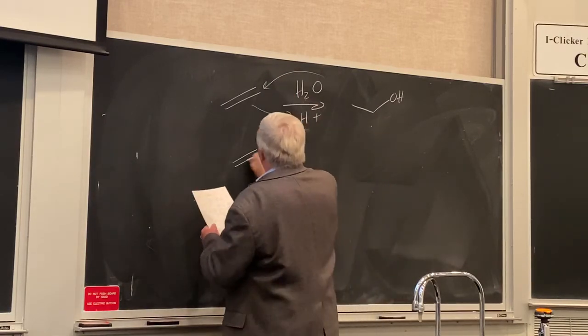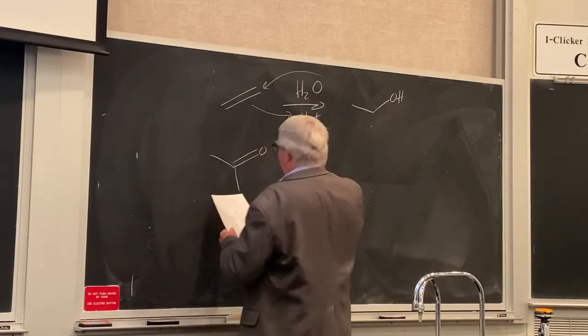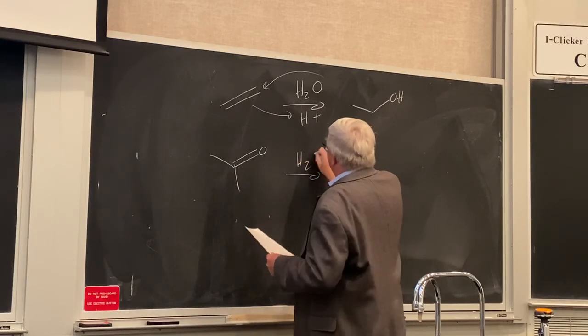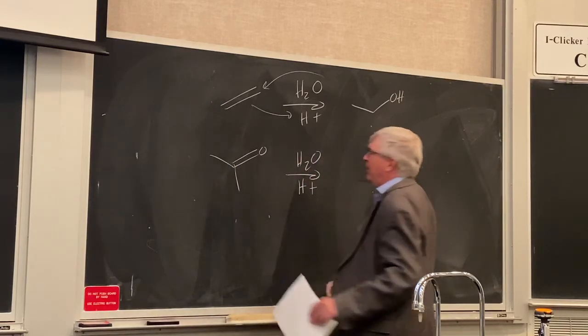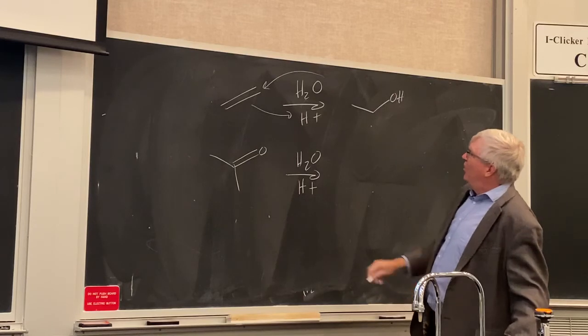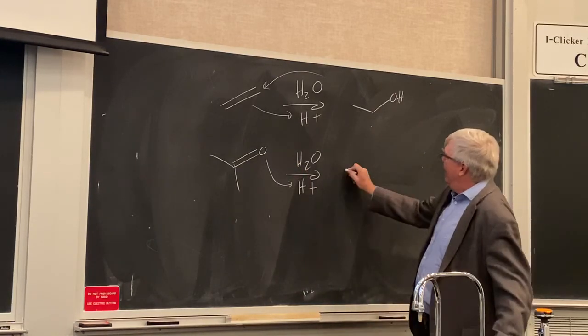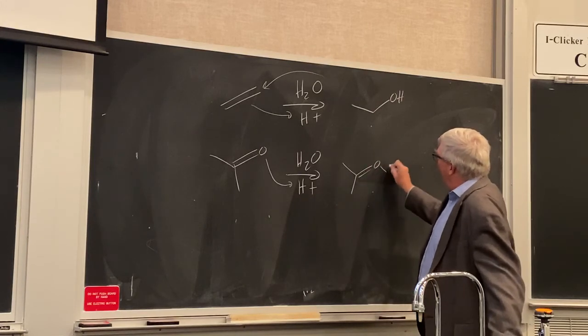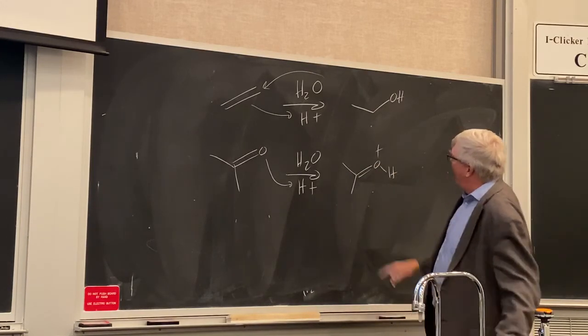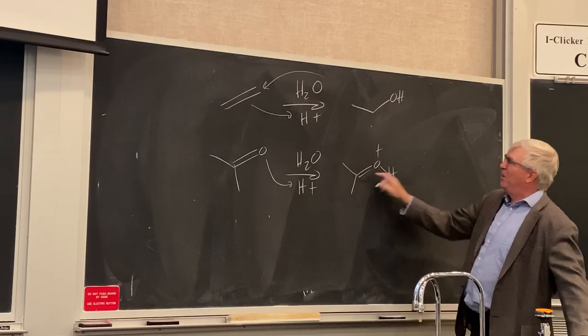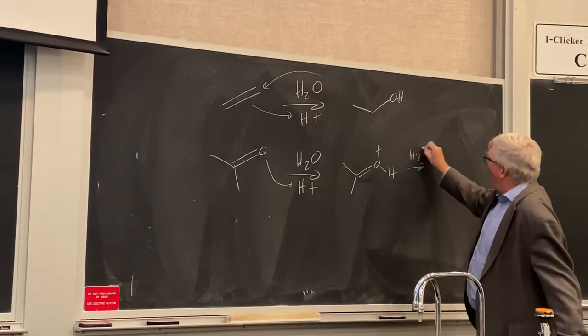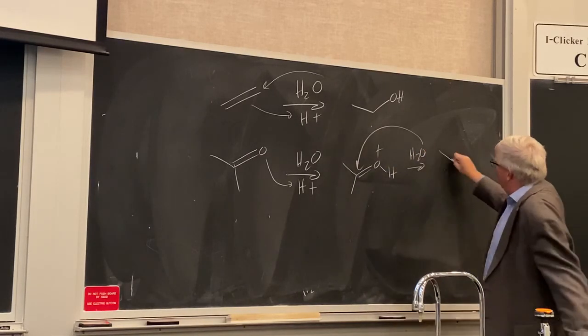Well, let's think about this now. Addition to the carbonyl is the same thing when we do the hydrate reaction. So we're going to be protonating again, right? And then from there, it's very similar, right? Here we have the resonance stabilized carbocation, and then the nucleophile, the water, going on there.